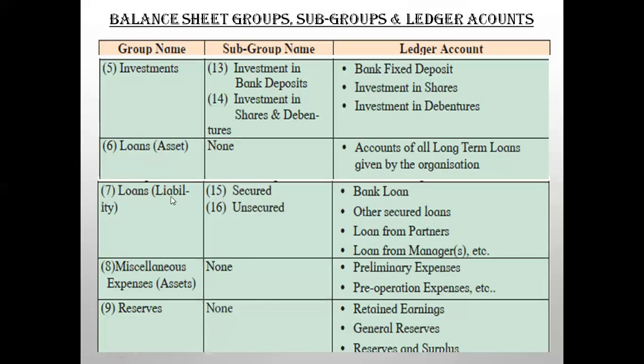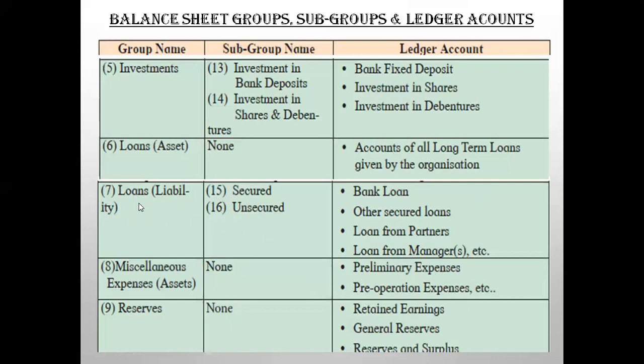And loan liability, there are two, secured and unsecured. So here you can say bank loan, SBI loan account, HDFC loan account. They all will come under the loan liability heading. Okay, loan from partners, loan from managers, all other secured loans, all will be in the main group loans liability.